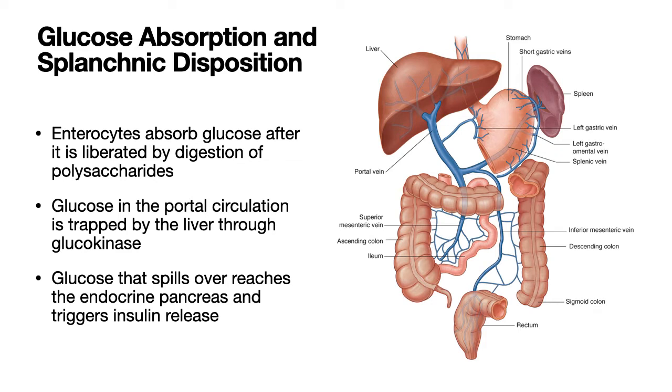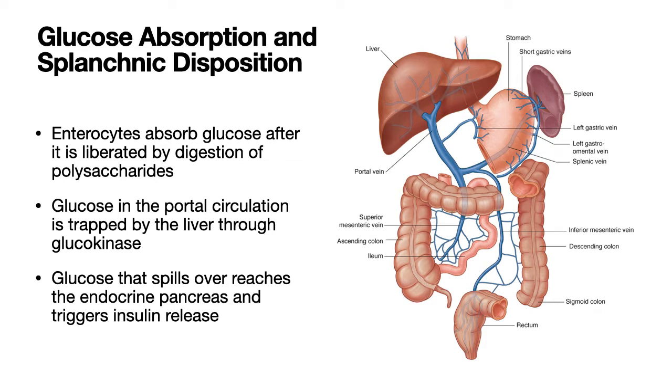And then from the aorta, eventually to the pancreatic artery, which will then bathe the pancreas with now glucose-rich plasma. And in response to that glucose-rich plasma, the pancreas will then release insulin, which we will discuss in the next few slides.